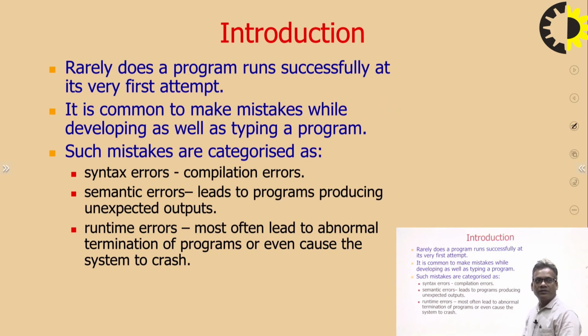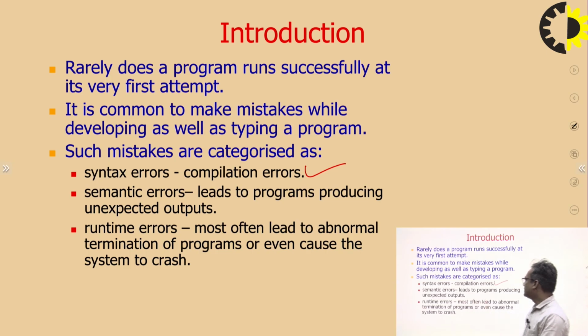If we talk about a program when we run, it is rare to run a program successfully at its very first attempt. That means it is common to make mistakes while developing as well as typing a program. Such mistakes are categorized in different categories, like syntax error, that comes under the compilation part.